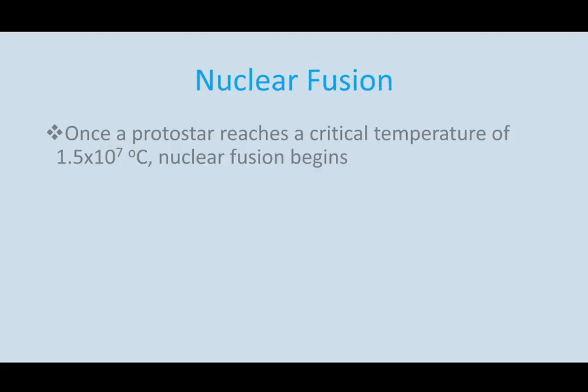Nuclear fusion. Once a protostar reaches a critical temperature of 1.5 times 10 to the power of 7 degrees Celsius, so that's 1.5 multiplied by 10 with 7 zeros after it, nuclear fusion begins.